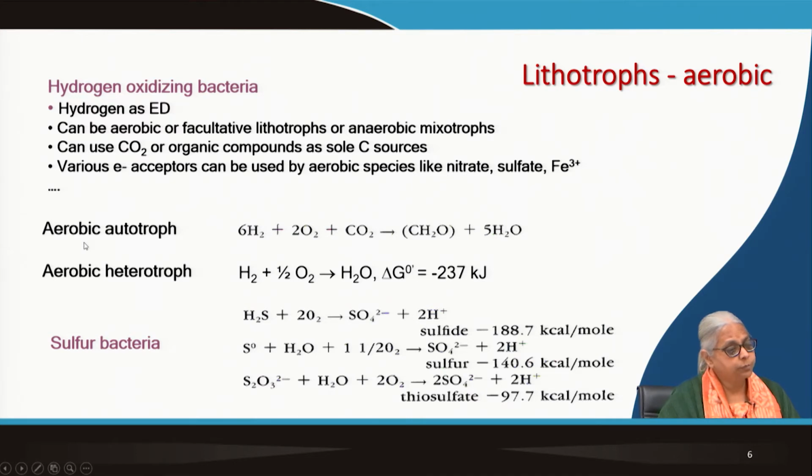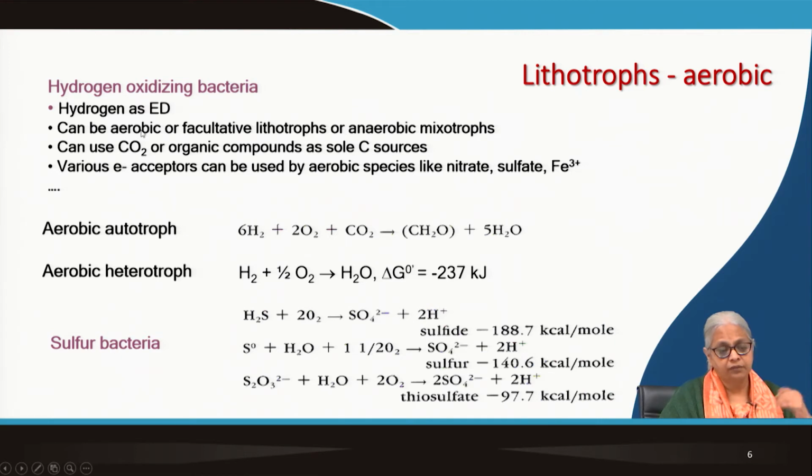Then we have aerobic autotrophic bacteria. If, on the other hand, the electron donor and acceptor are both inorganic and they are utilizing organic carbon as the source of carbon, which is possible, then it's an aerobic heterotroph.